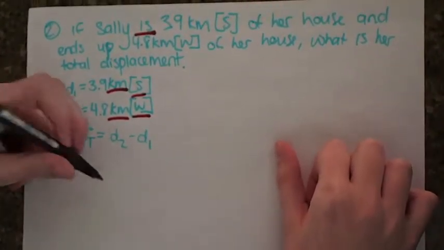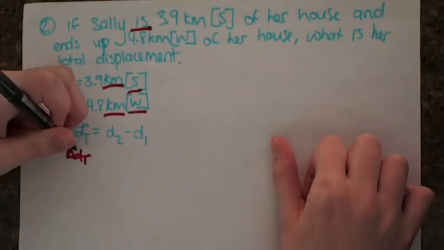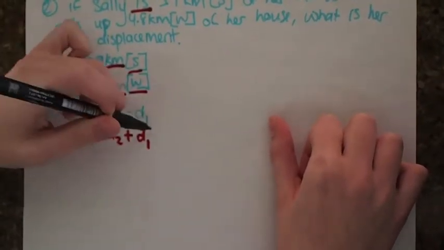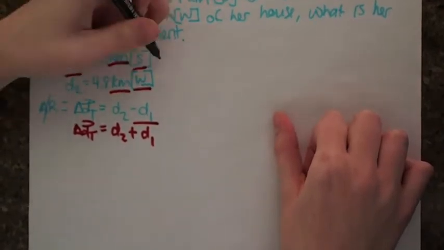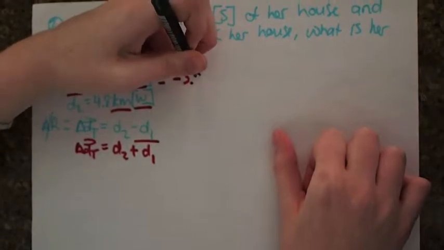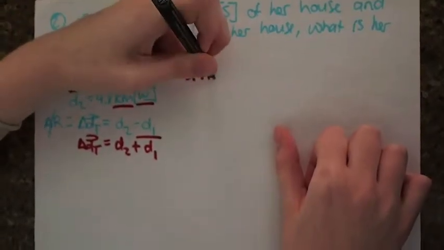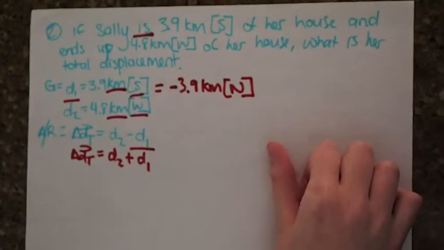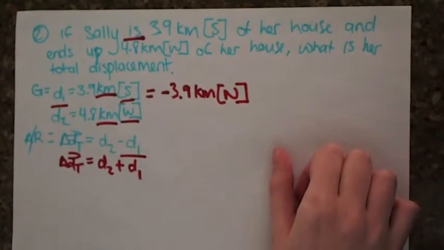We want to change this into delta D total equals D2 plus D1. So we take D1 and we change it to negative 3.9 kilometers north. So then we can substitute in our values.